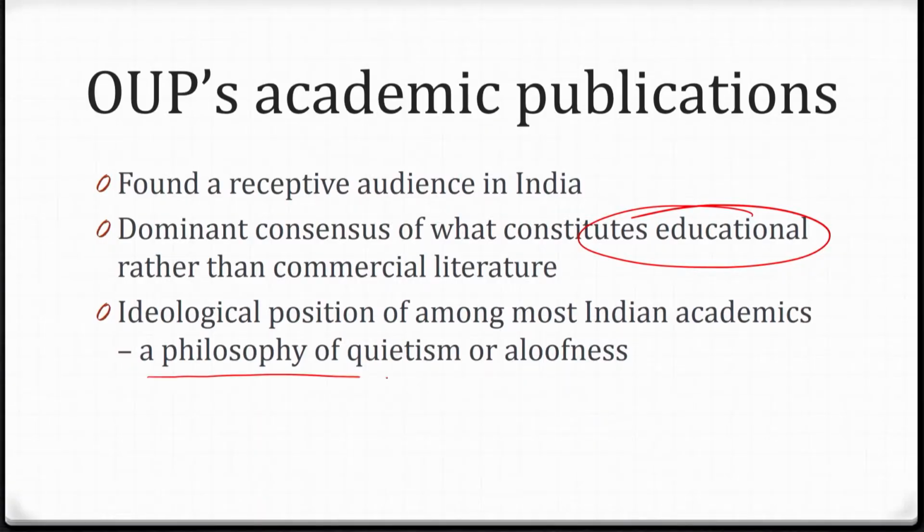And he says from whatever best that they could understand, it's as if most Indian academics do not have any ideological position at all. Mostly, at best they are driven by a philosophy of quietism, of aloofness. We do not find them overtly participating in any kind of ideological commitment or battles. We can of course differ with him, but we will just move on for now.